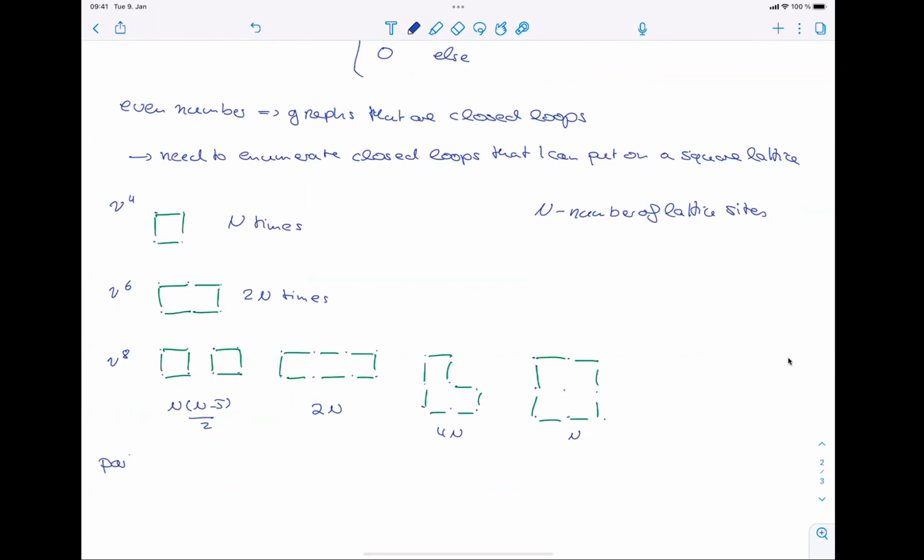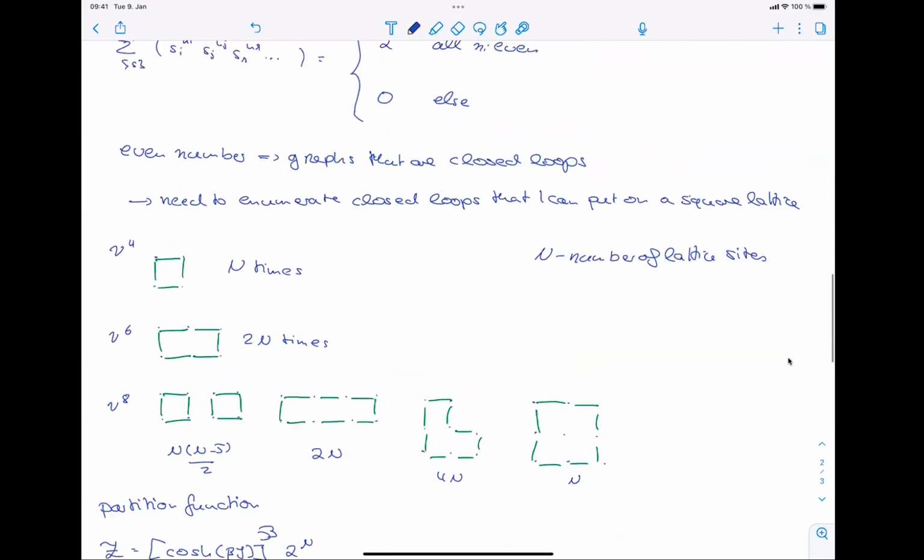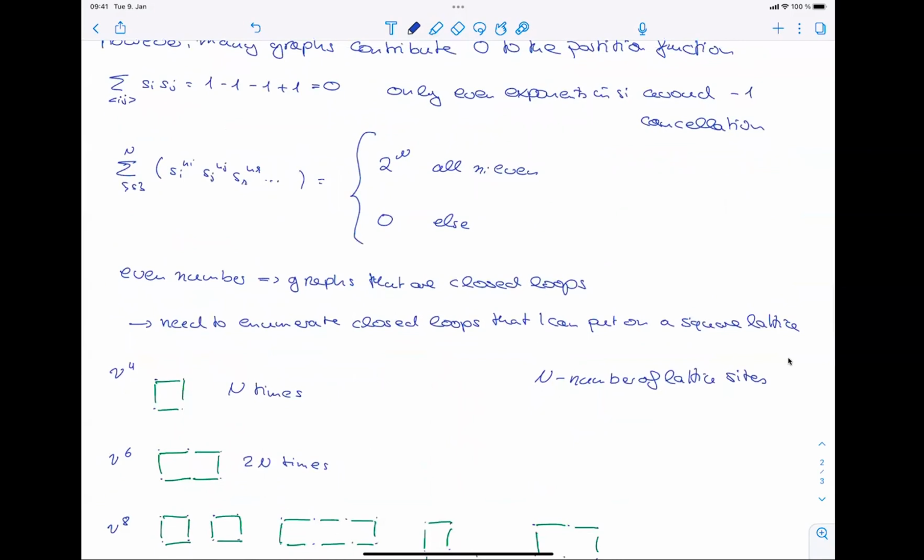So then the partition function still has this number of bonds. Then each term contributes to the power of n. I'm not sure if I was clear here. The loops contribute a positive value, but I'm summing over all states of the lattice.